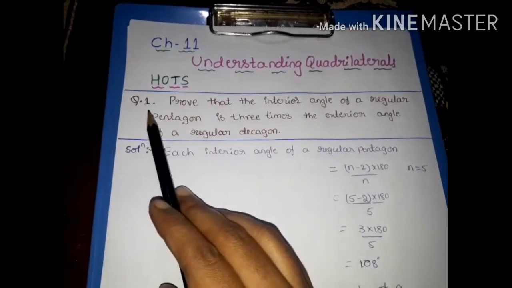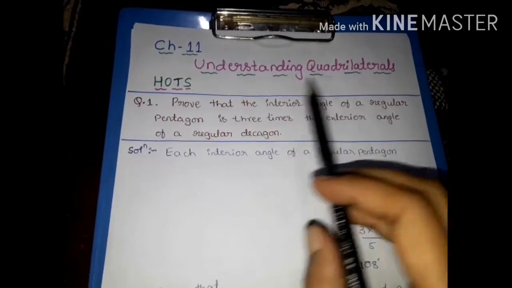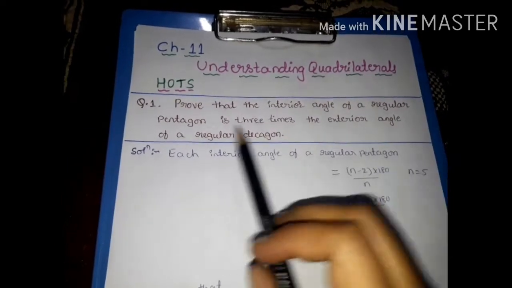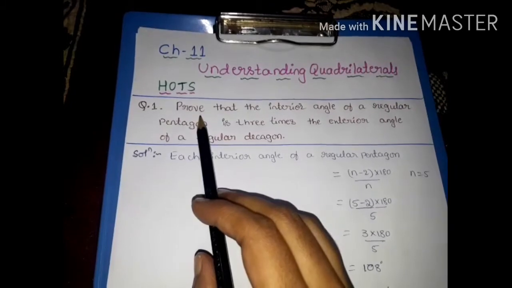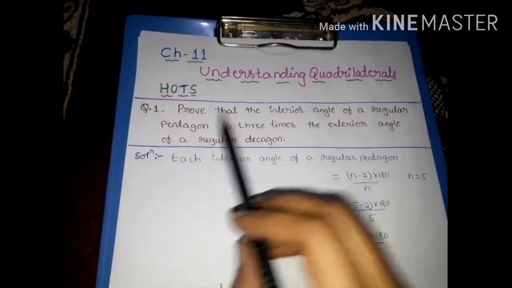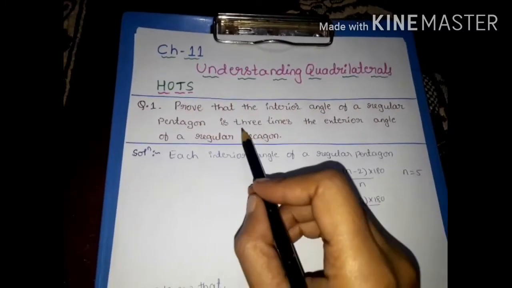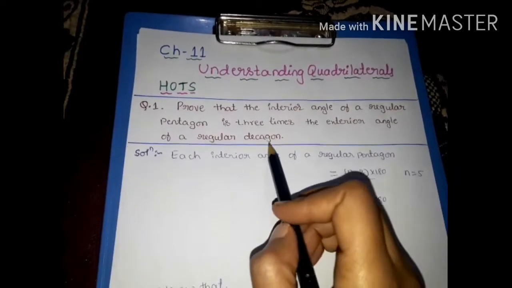Under that first question, prove that the interior angle of a regular pentagon is 3 times the exterior angle of a regular decagon. Here you have to prove each interior angle of a regular pentagon is 3 times the exterior angle of a regular decagon.